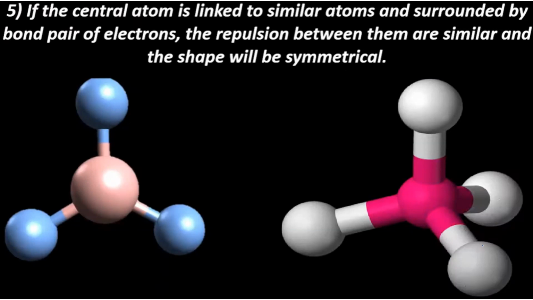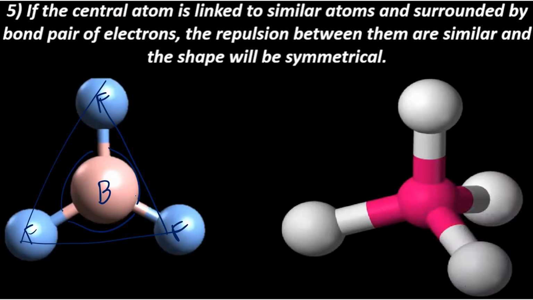Observe. So the first one we are talking about is boron trifluoride. Example. So what is this? Trigonal planar. What is the angle? We've seen many times. How much? 120 degrees, right?